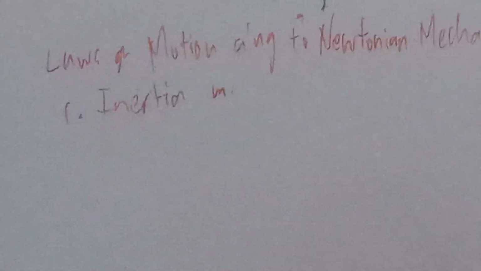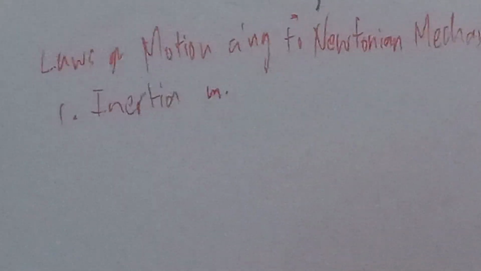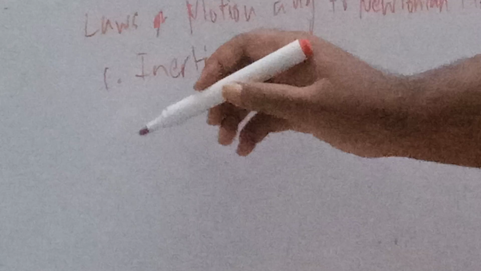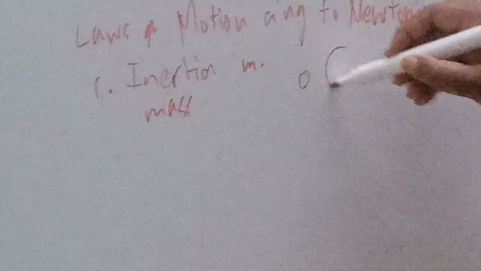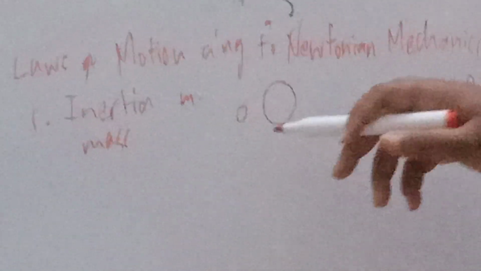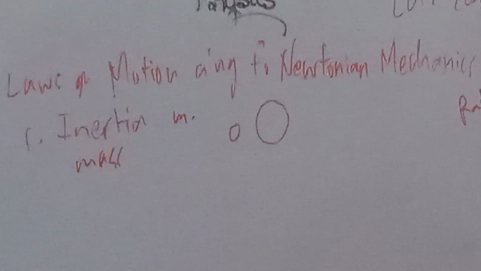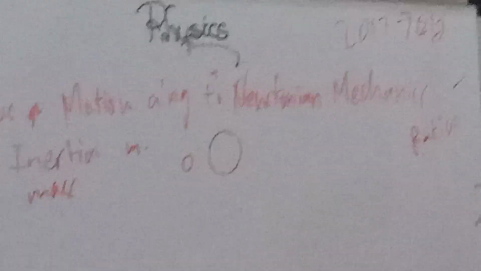Maybe you already know. So inertia is m. M is the mass. So the bigger an object is, object size, this is a small object, this is a big object, the small object will have less inertia than the bigger object.